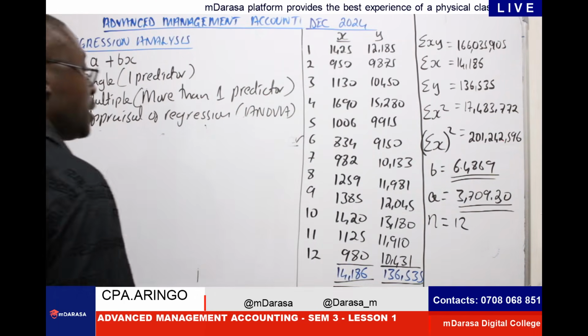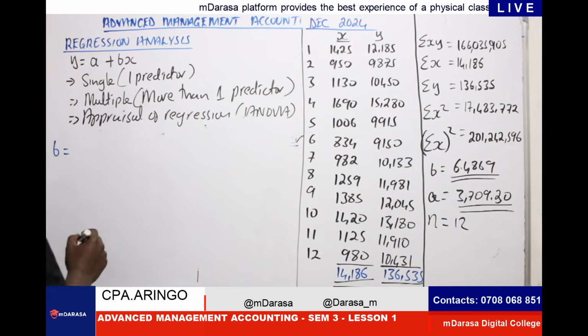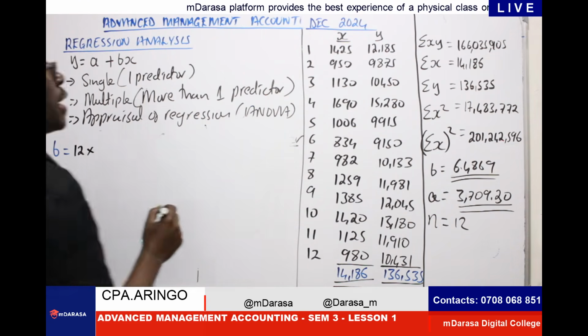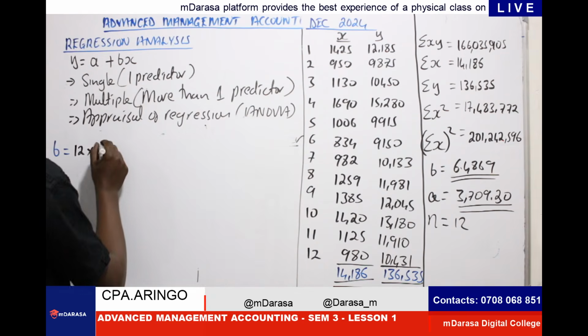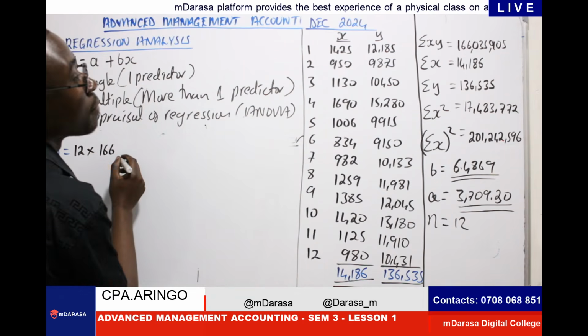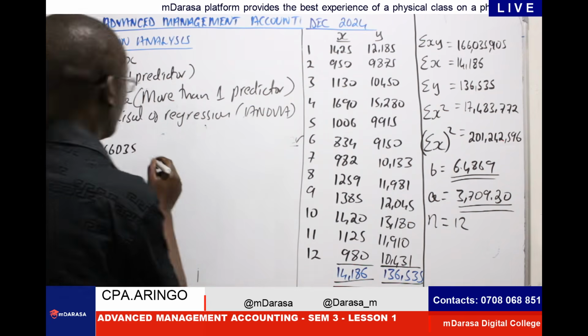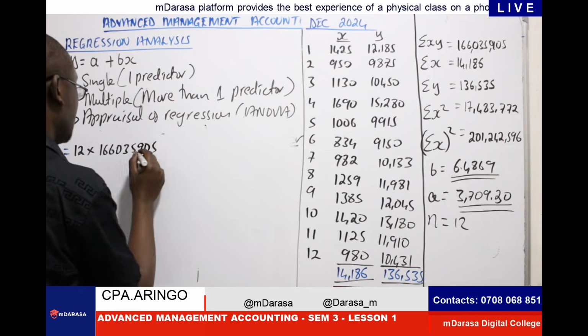So you come and indicate directly that summation of 12, summation of xy, you have 166,035,905. See?